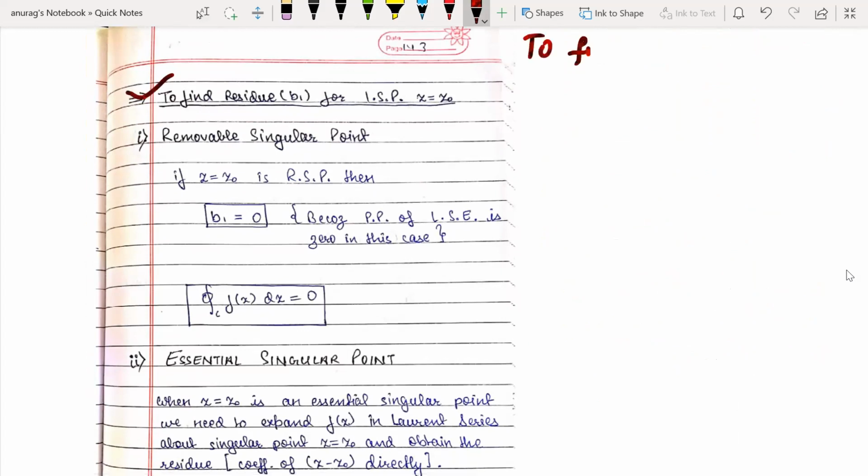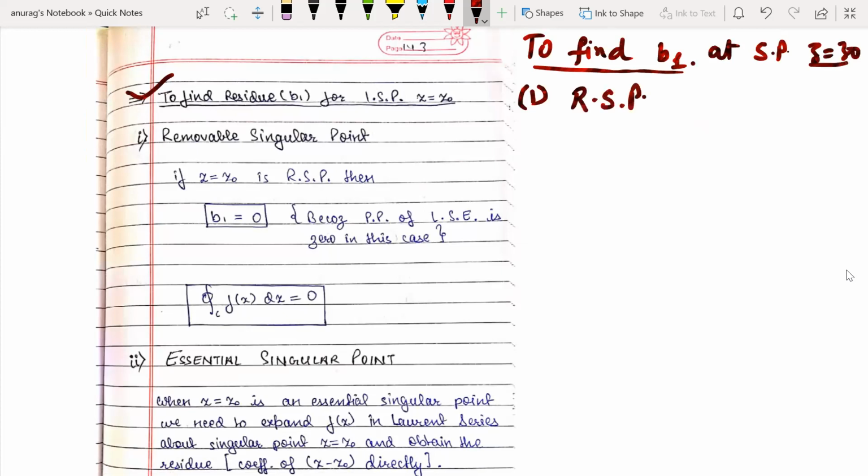To find b1, for all three categories I'm going to discuss the singular point z equal to z naught. A singular point is the point where f(z) is not defined. In the case of a removable singular point, if z equal to z naught is a removable singular point, then b1 equal to 0. Why?